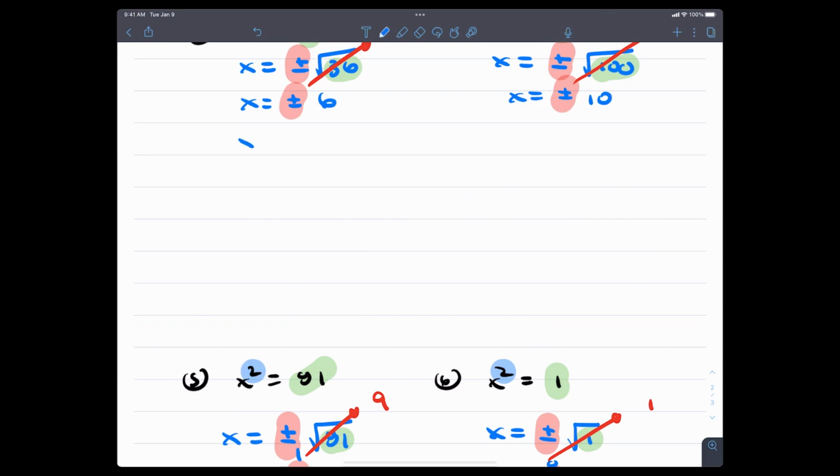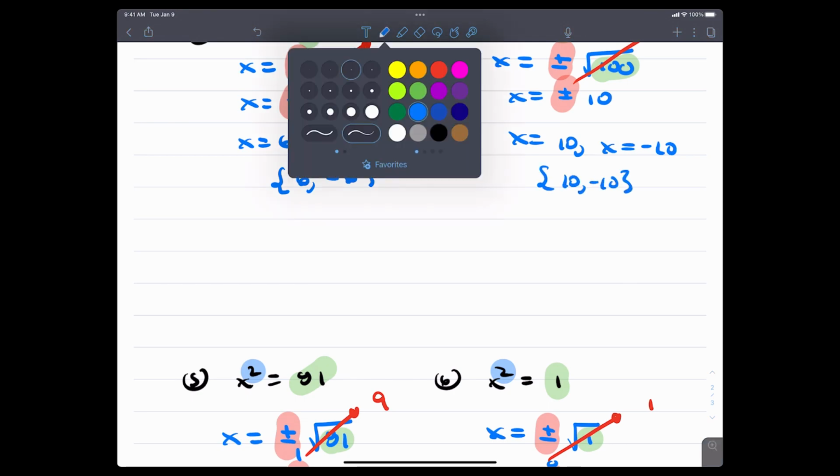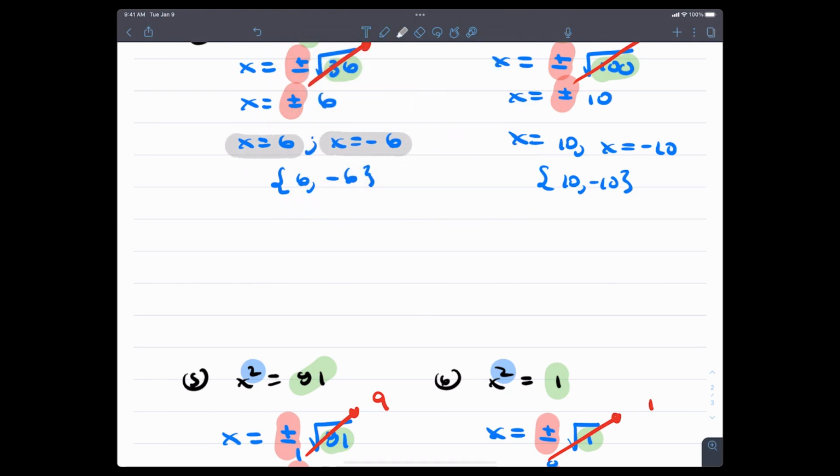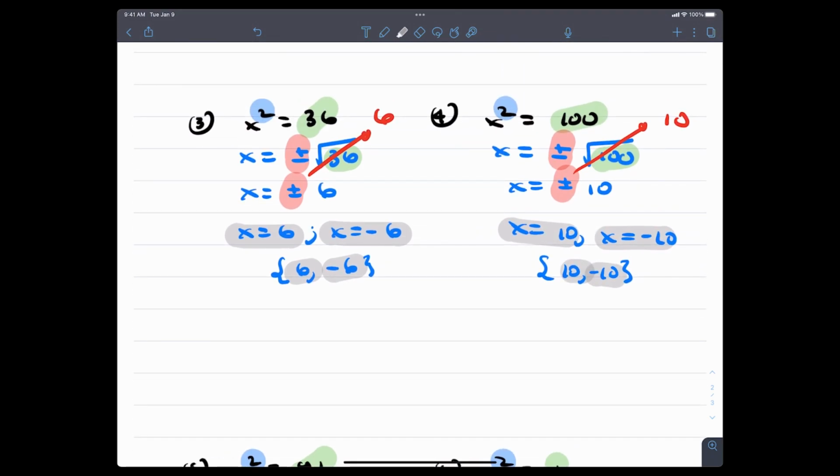Here, x is positive 6, x is negative 6, x is positive 10, x is negative 10. So we have 6, negative 6, we have 10, negative 10. There you go, ladies and gentlemen. These are the two solutions, giving your answer in set notation.